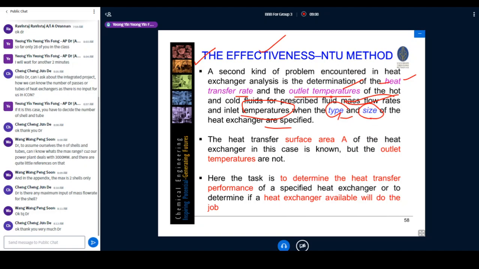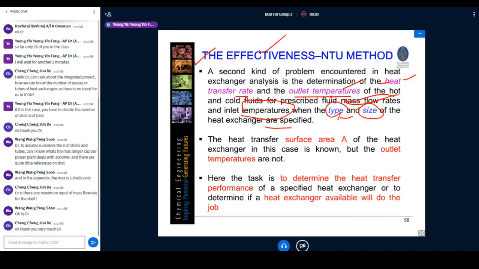The heat transfer surface area of the heat exchanger in this case is known, but the outlet temperatures are not. This is the common, general case of the problem whereby you can use the effectiveness NTU to answer the questions.